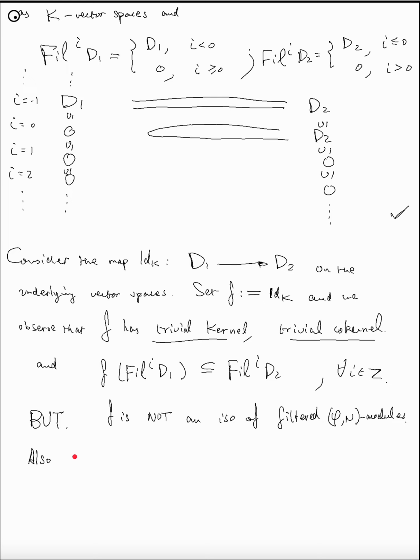Also, we could argue that it's not an abelian category by the following observation, that is, compare the coimage and the image. So the coimage of f is, as a filtered finite module, the one itself. Sorry, let me think. Kernel.